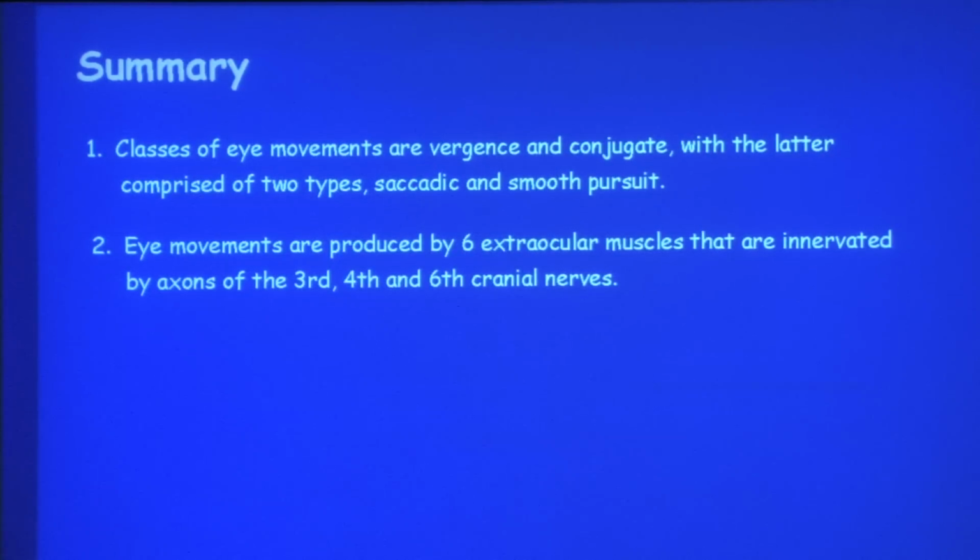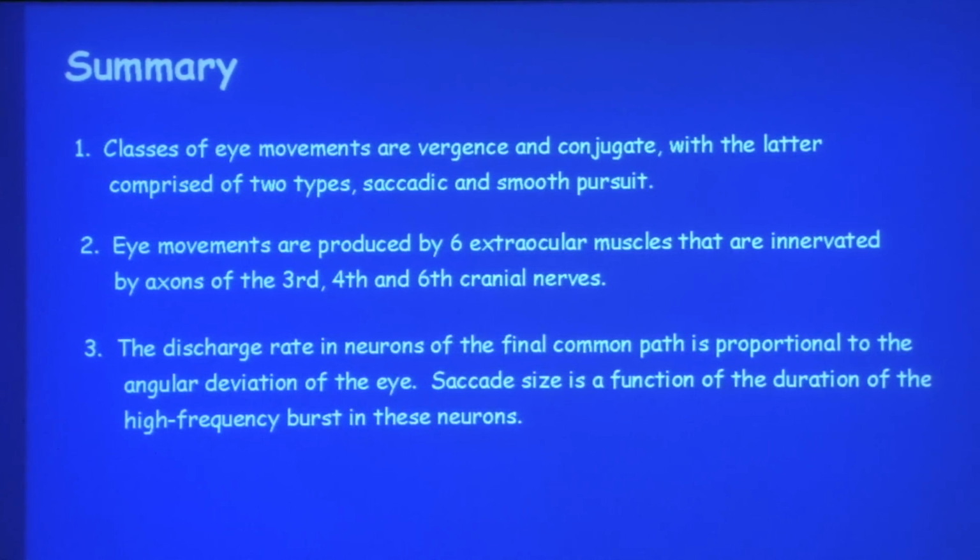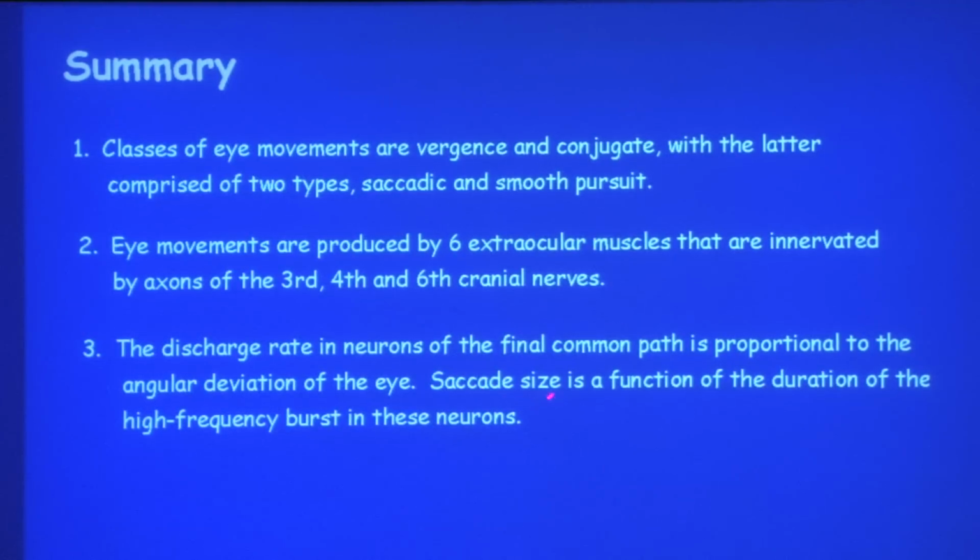And important to note that these extraocular muscles are such that the fibers in the muscle run the entire length of the muscles, they're not segmented, and that they are innervated by the 3rd, 4th, and 6th cranial nerves. Then we say that the discharge rate in neurons of the final common path is proportional to the angular deviation of the eye. Saccade size is a function of the duration of the high-frequency burst in these neurons.